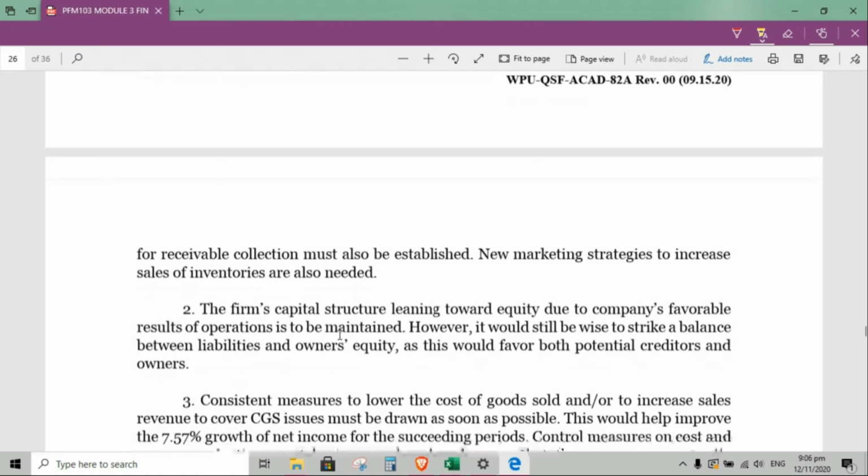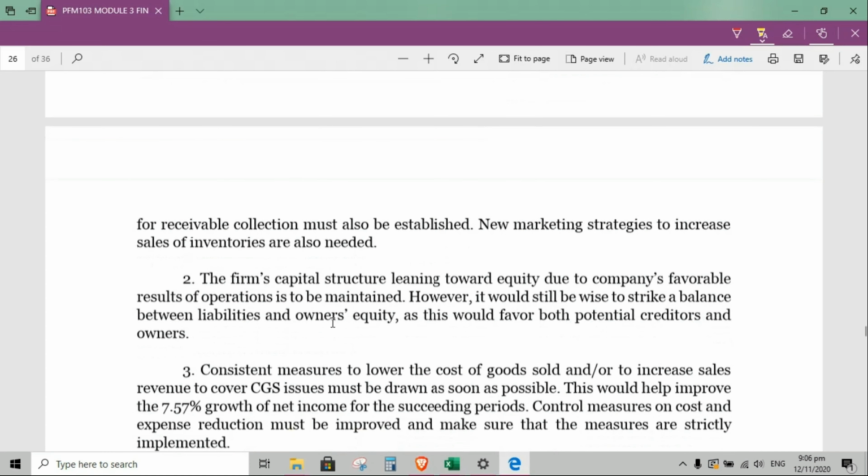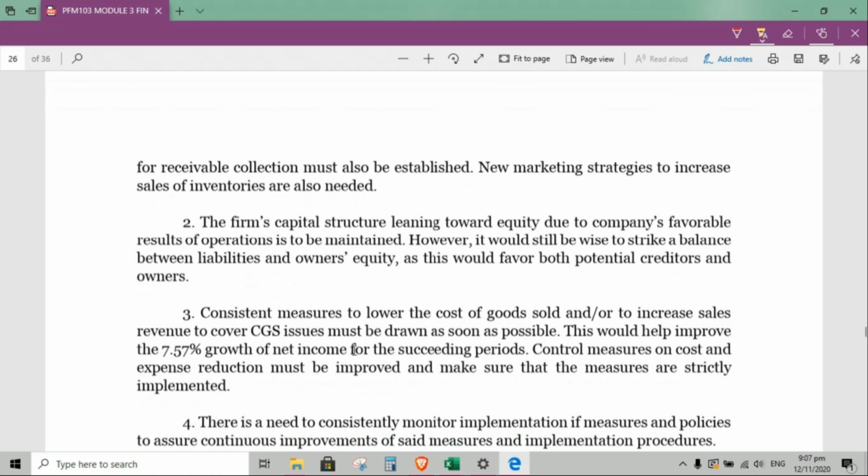Diba? Okay? Next is the firm's capital structure leaning toward equity due to company's favorable results of operation is to be maintained. However, it would still be wise to strike a balance between liabilities and owner's equity, as this would favor both potential creditors and owners.